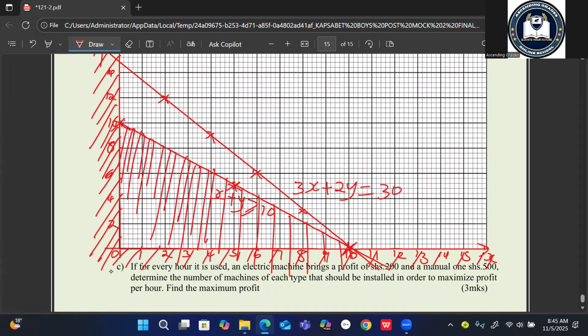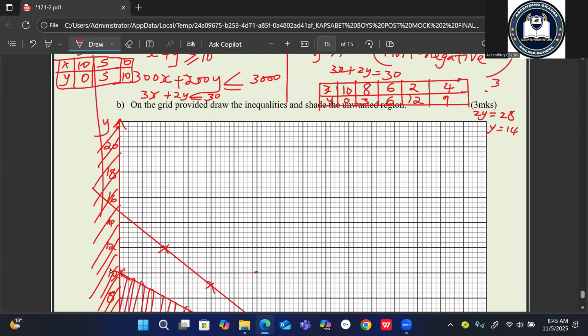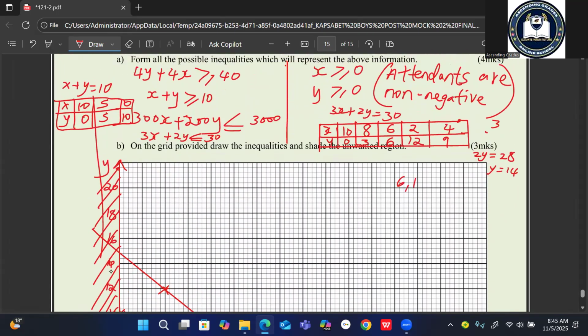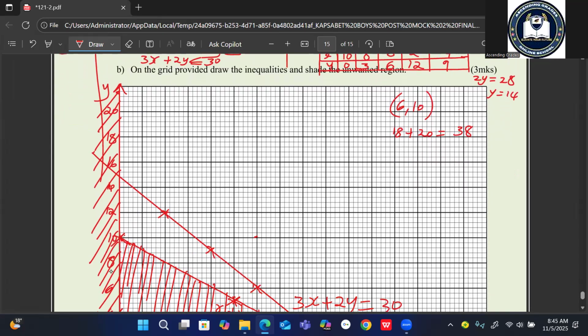We can decide to take any 2 points anywhere. For example, if you take this one, that is 6, 10. Now 6, 10, it will be 3x, so that is 18 plus 20, which is equal to 38. 38 is greater than 30, so that is wrong.